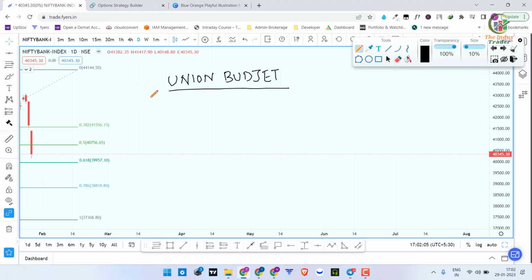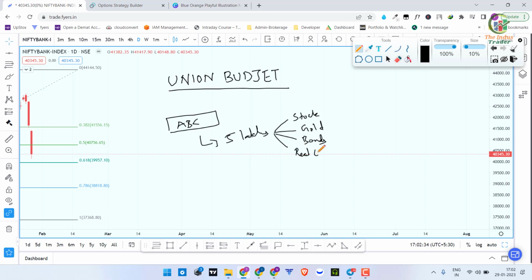Yes guys, welcome back. So what is union budget? Let's take as an example, this is ABC person who has some 5 lakh rupees. He would plan this 5 lakhs in different asset classes to make more money. Let's say stock market or gold, bonds, or he might also go for real estate, right?